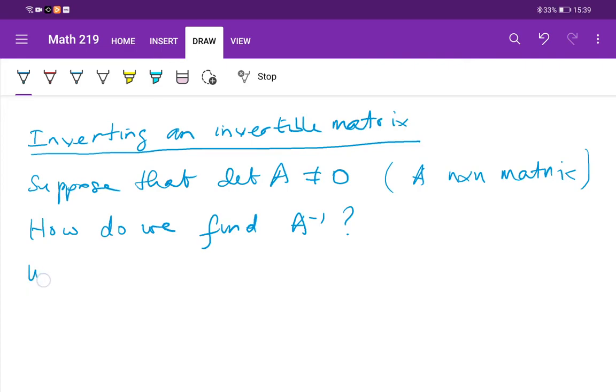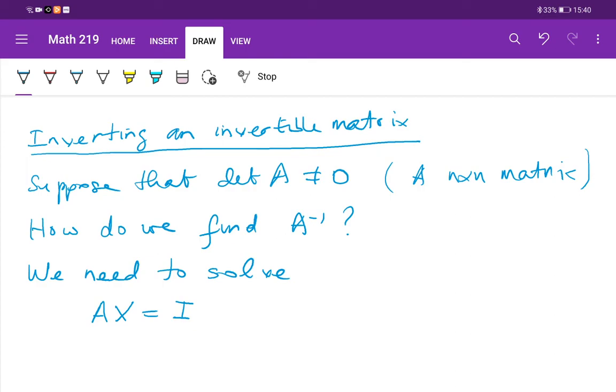Okay, so we need to solve the system of equations AX = I, the identity. This is a little different from the kind of systems we've been solving before. Here the right hand side is also a matrix.